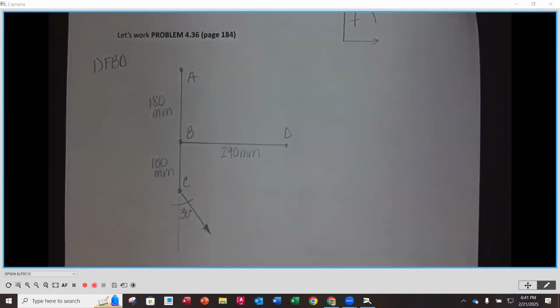Okay, so this is what I have based on the applied loads and the distances.